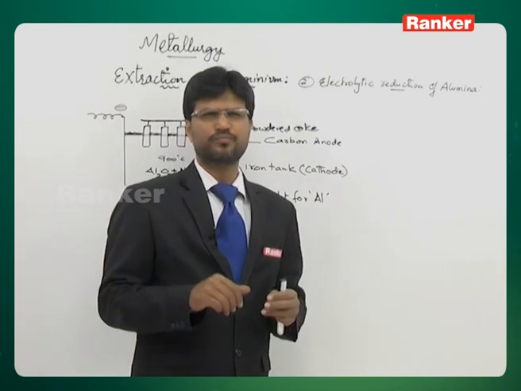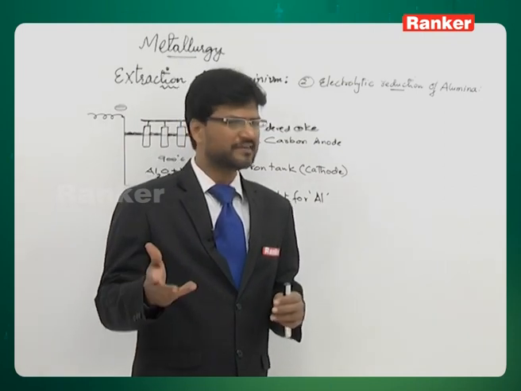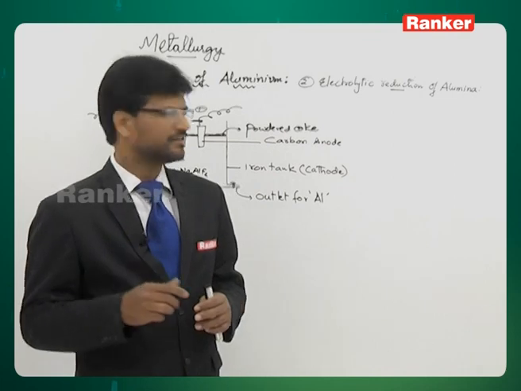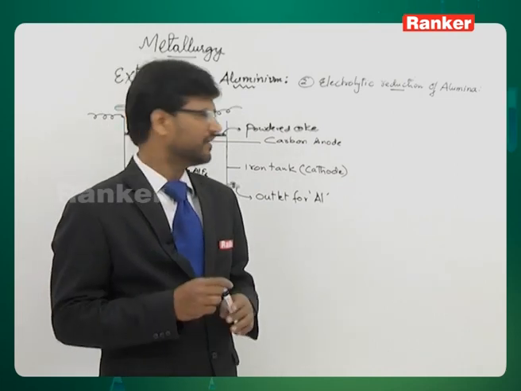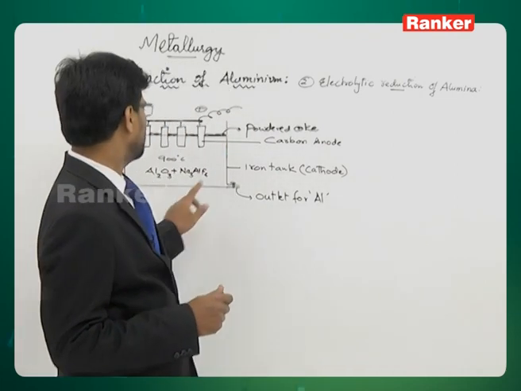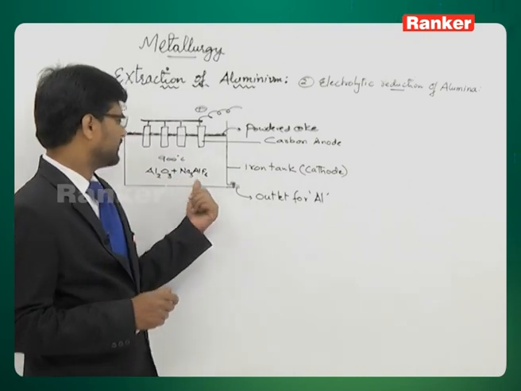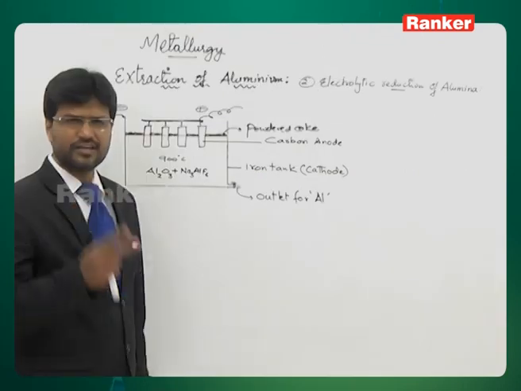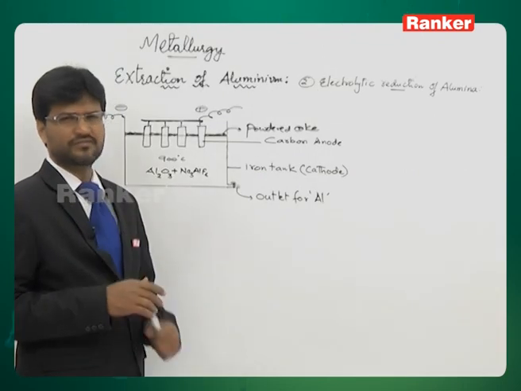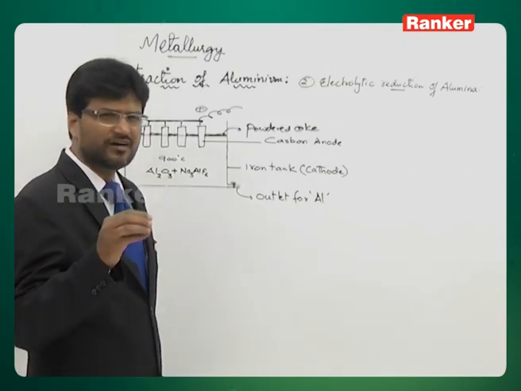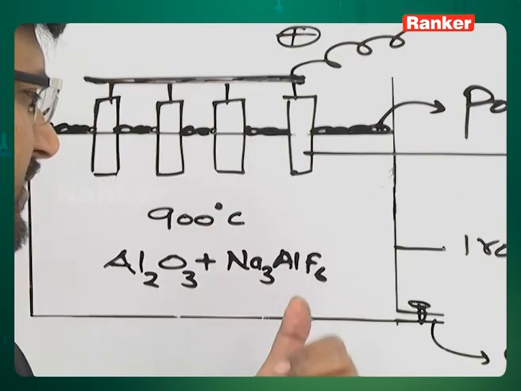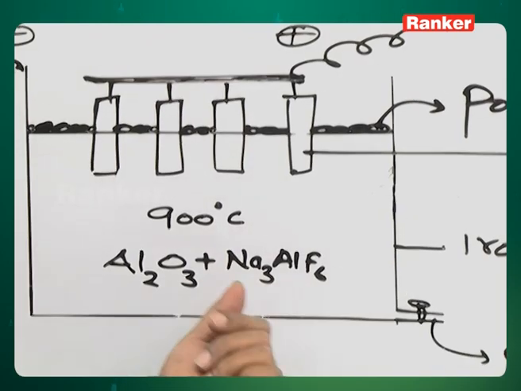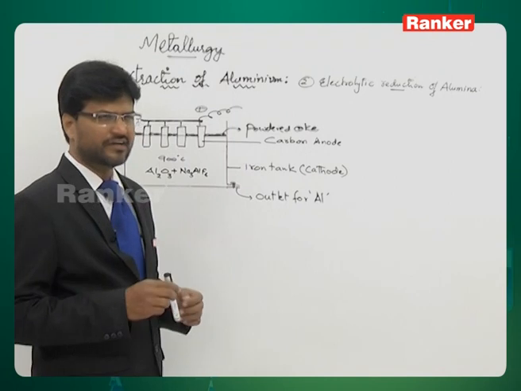To overcome these two problems, that is high melting point and bad conducting nature, we mix alumina with cryolite. Cryolite is Na3AlF6. So, this will take care of both problems of alumina, its high melting point and its bad conducting nature. That is the reason why cryolite is added.